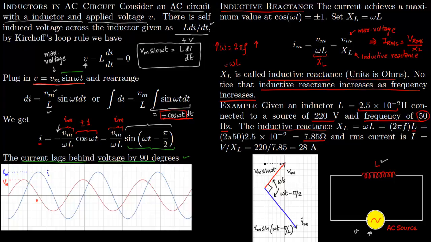If you divide this side by root 2 and this V m by root 2, you get I RMS equal to V RMS over X L. We are given that the source is 220 volts. We divide by X L, which is 7.85 ohms. So the RMS current you get is 28 ampere. Notice that this is the RMS current, and you have to multiply it by root 2 to get the maximum current.